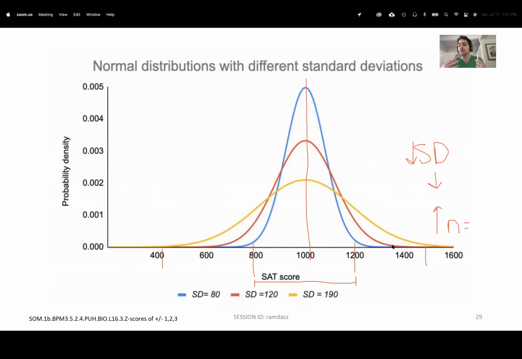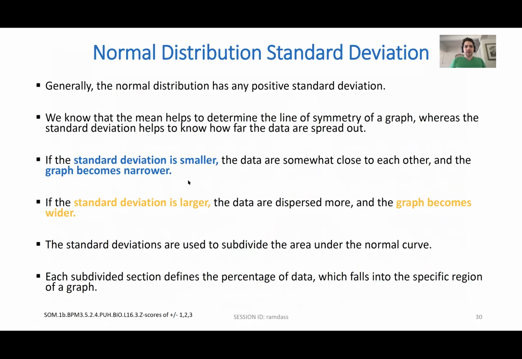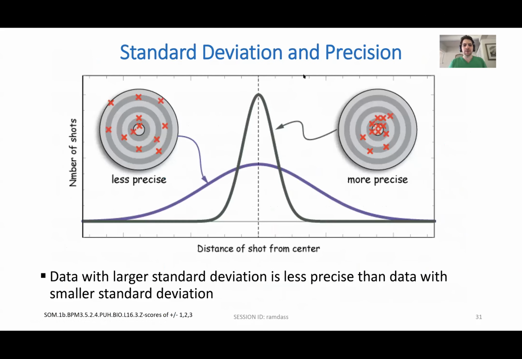So the more values you have, the more valid the test. The more subjects you have in a research study or trial, the more valid it will be. This is what I was just explaining here: a smaller standard deviation becomes narrower, and a larger one becomes wider. They very well could ask you that on the test, giving you different graphs.